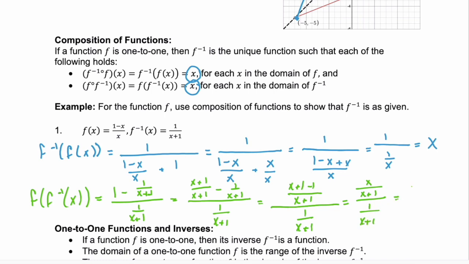Remember, a fraction over a fraction, you can keep your first fraction and multiply by the reciprocal of the bottom fraction. Notice that the x plus 1s are going to simplify out, and this will also simplify down to just x. So it's true that the given f of x does have the given f inverse of x as its inverse function.